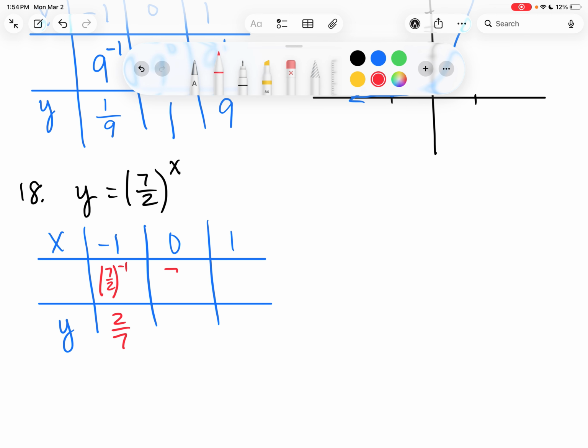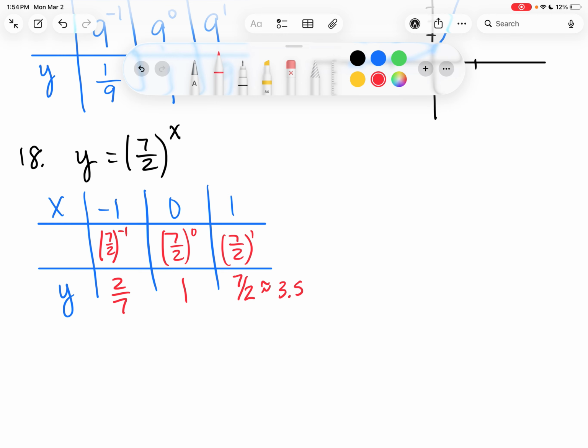And then I have 7/2 to the 0. That's 1. And then I have 7/2 to the 1, which is approximately what? 3.5. I only really care about that for the sake of graphing. So I'm going to just go up to 4 on this one.